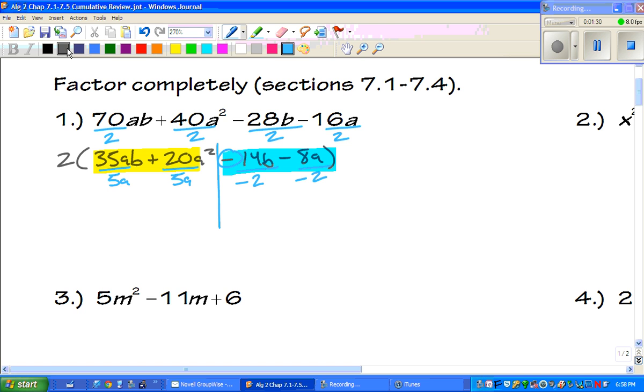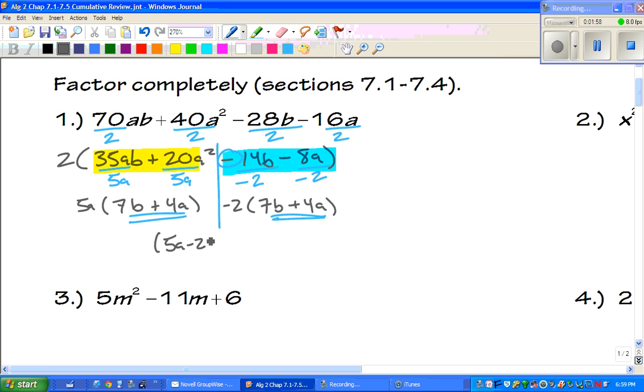Okay? So when we rewrite that, 5a comes out front, and we have 7b plus 4a. We took out a negative 2. 14 divided by 2 is 7b plus 4a. And what do you know? Those match up, which makes us happy.